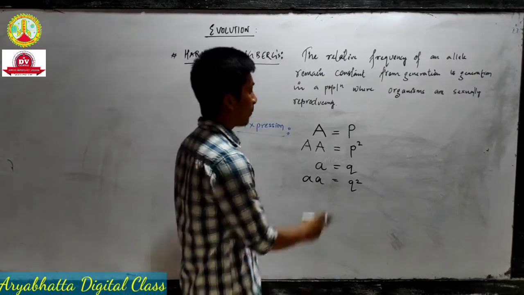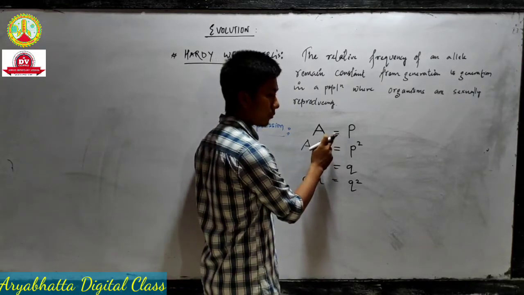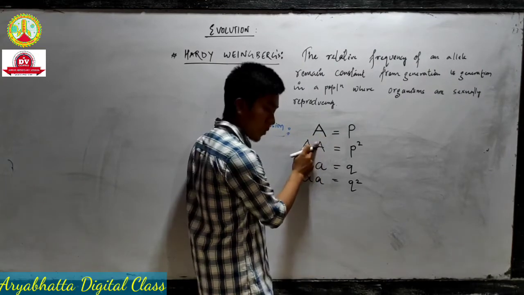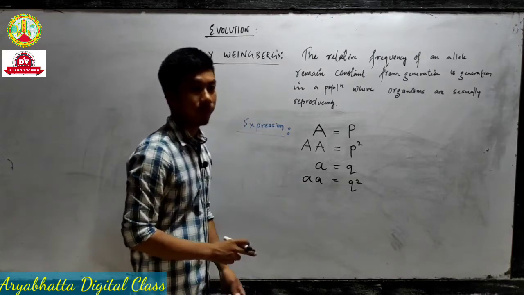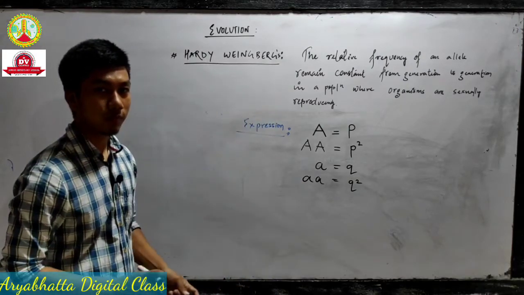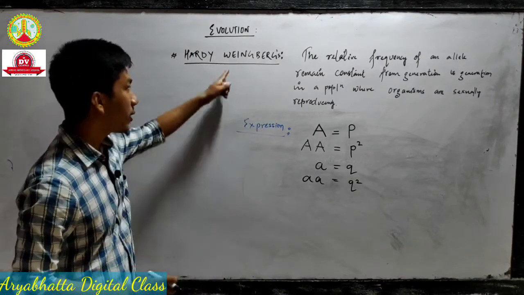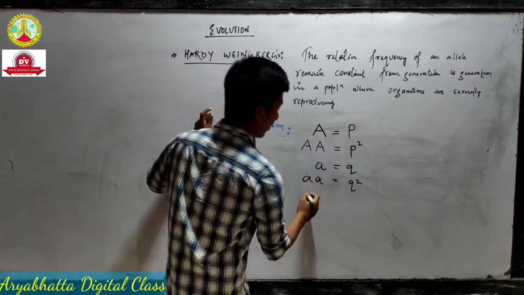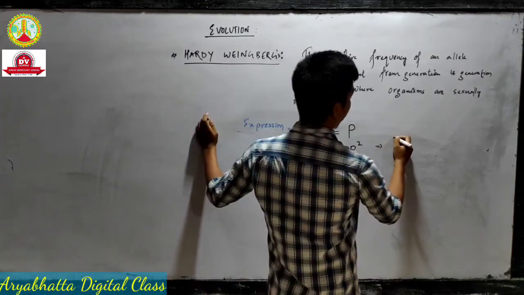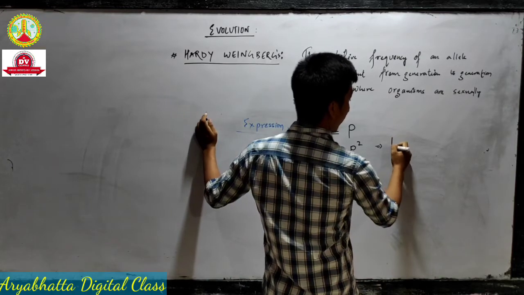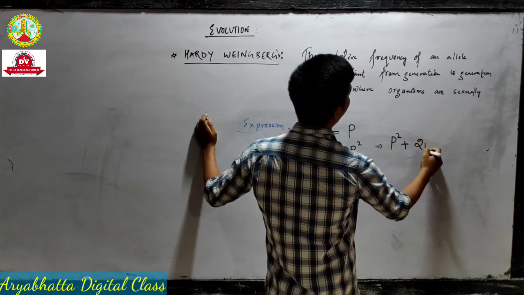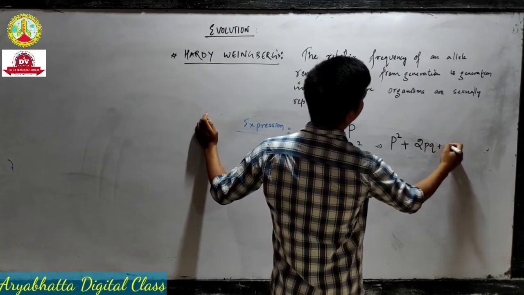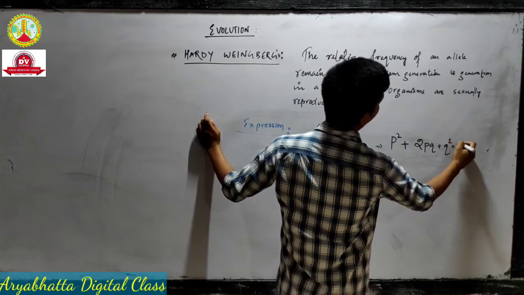Now this is homozygous dominant, homozygous recessive. When we write the expression of Hardy-Weinberg, it is written like the a plus b whole square formula: P square plus 2pq plus q square equal to 1.